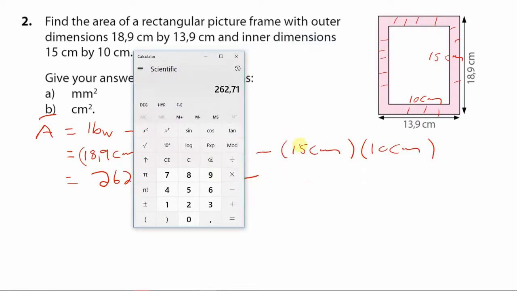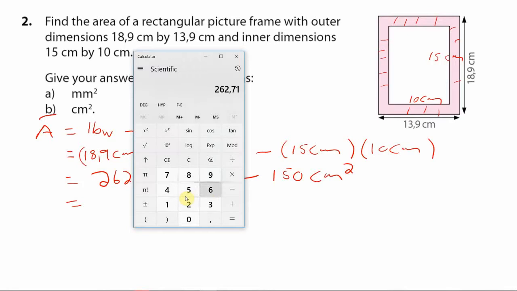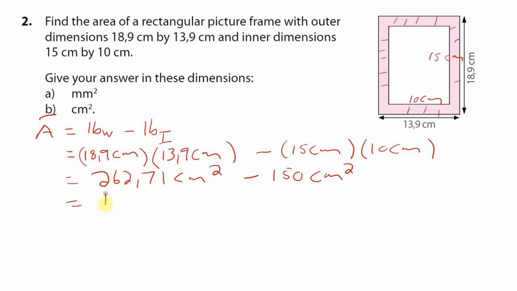In this case we actually don't need a calculator for this. 15 times 10 is simply 150. Centimeter times centimeter is centimeter squared. So we can now subtract from 262,71 the 150, which you also don't really need a calculator for, because it gives 112,71 centimeter squared. So that's the B portion.